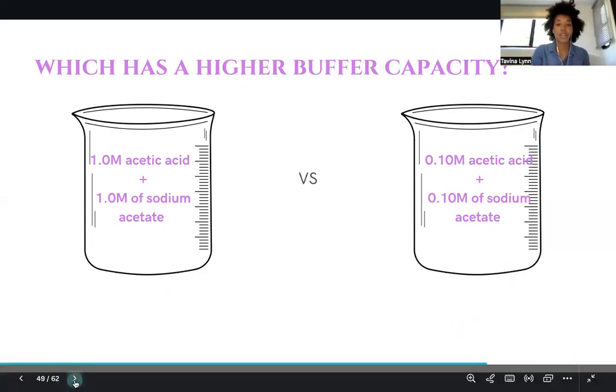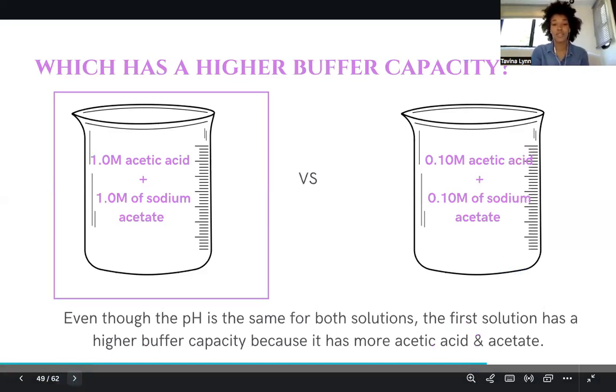So if you guessed the one on the left, you are right. Even though, basically, the pH for both of these are the same, right? The pH of the buffers are the same. However, the first solution has a higher buffer capacity simply because it has a higher concentration of acetic acid and acetate.